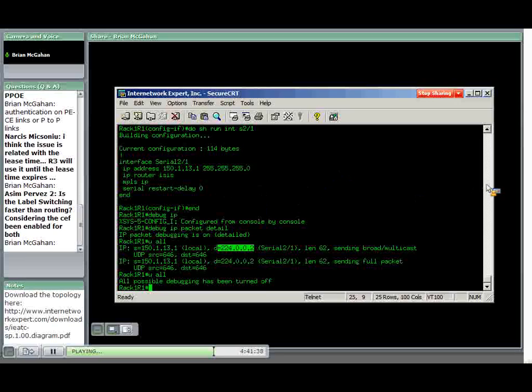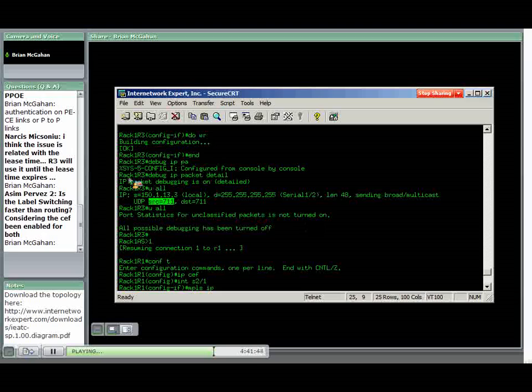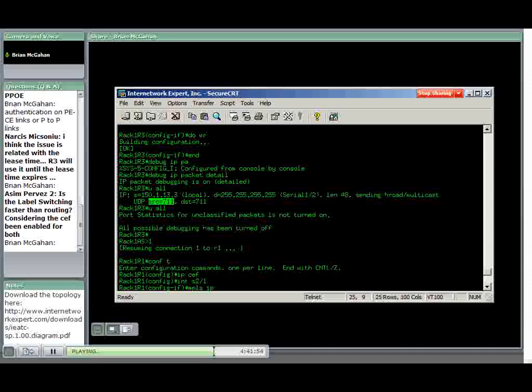Now, if we go to the adjacent router, which is router 1, and we go to global config, we'll say IP CEF, and on serial 2/1, we'll say MPLS IP. Okay, and in this case, it takes it as MPLS IP.